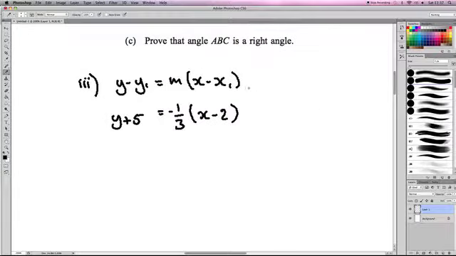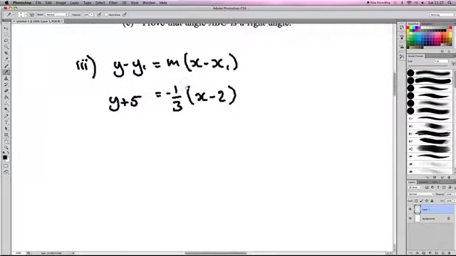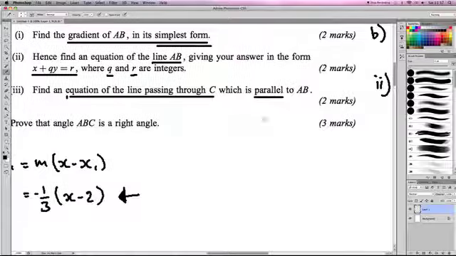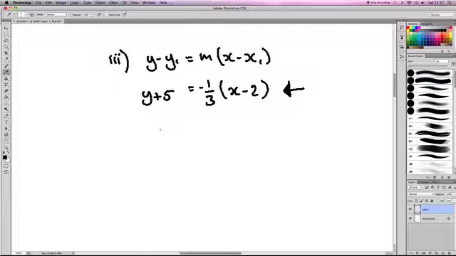Once you're there, it doesn't actually tell you what form it wants it in. So it's up to you to decide for yourself. They'll probably let you have this as your final answer, but it's probably wise just to expand it just in case. So I will expand it right now.